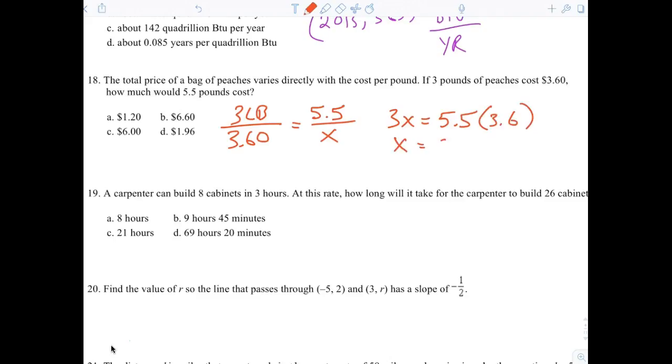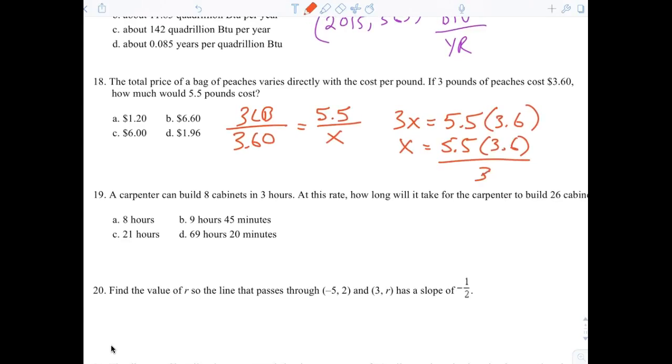And so x is equal to 5.5 times 3.6 divided by 3. All right? So that would be somewhere, I think, like 660. Is that right? Yeah, 660. All right.